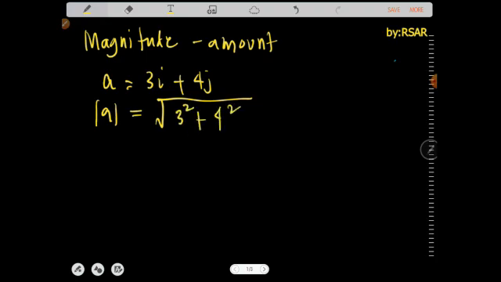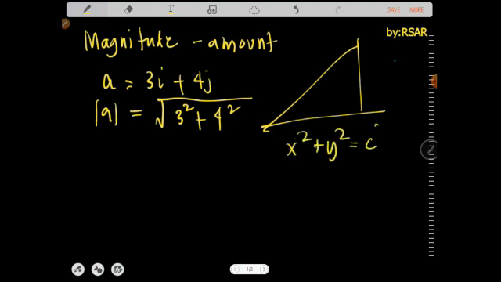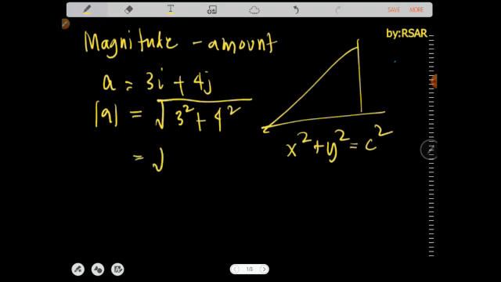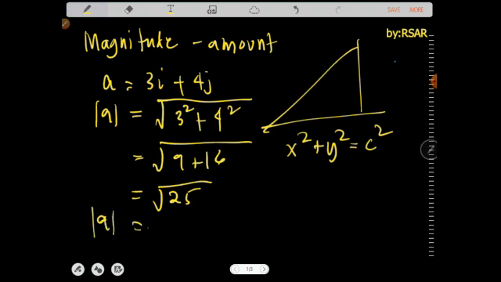Where does this come from? It is just from the Pythagorean theorem, x squared plus y squared is equal to c squared. When we take the magnitude, we disregard the negative, because any number raised to 2, whether negative or positive, is always positive. So that is the square root of 9 plus 16, which is the square root of 25. So the magnitude of vector A is equal to 5.